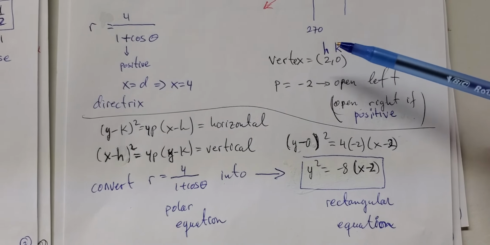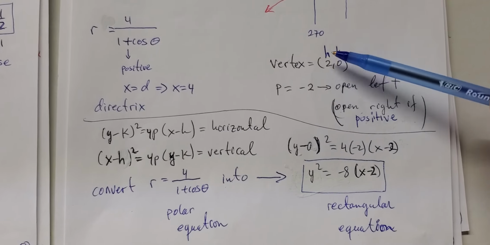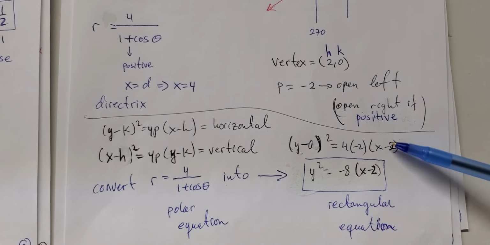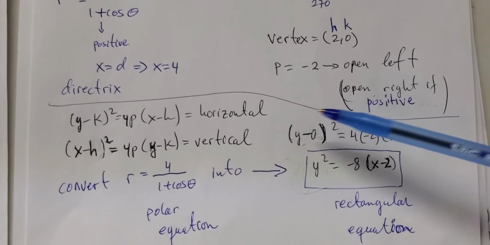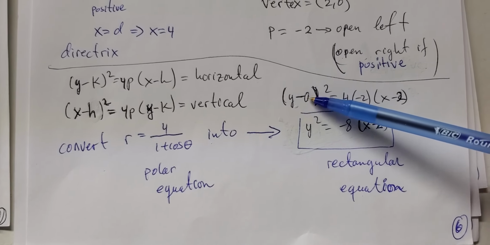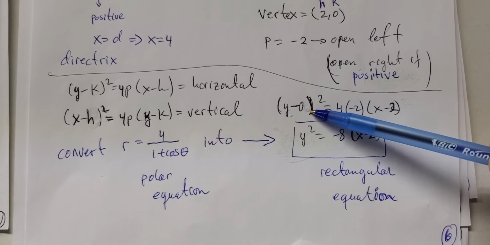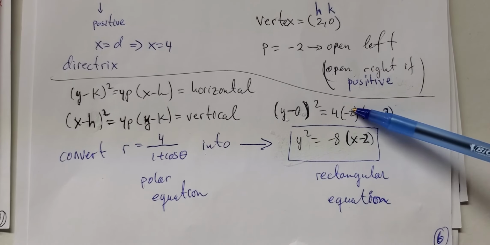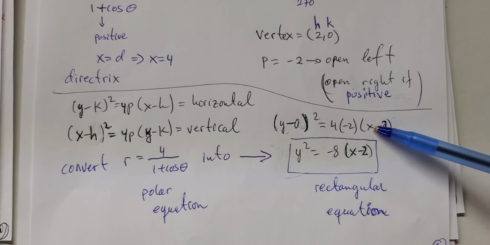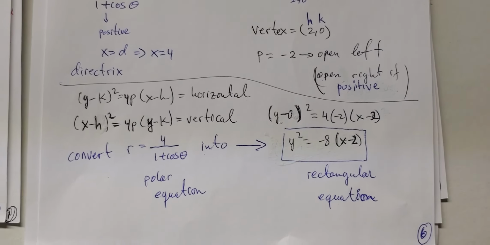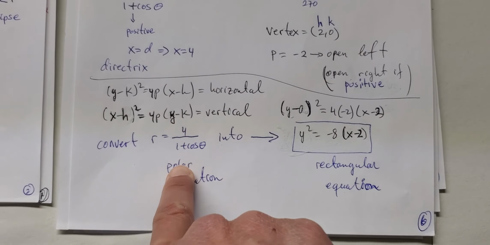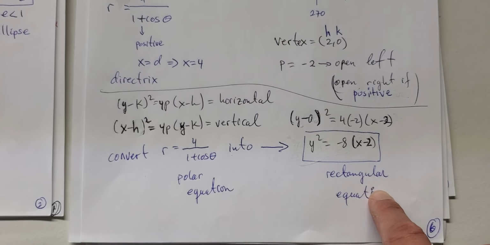So again, k here, h here, p is -2. Then just clean this up. y minus 0 is just y, so y squared. 4 times -2 is -8, and then x minus 2. Just leave it as is. So this is the polar equation converted into a rectangular equation.